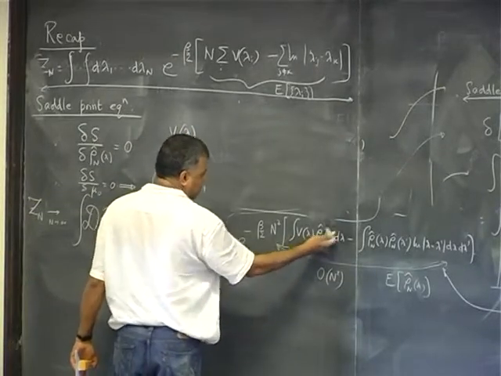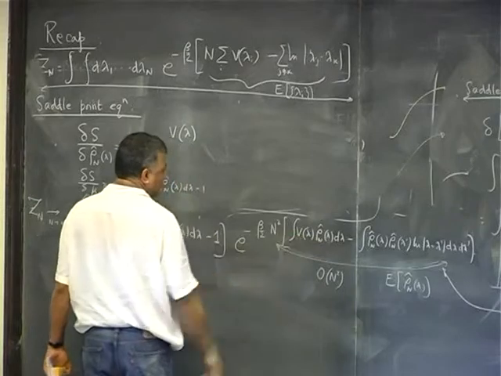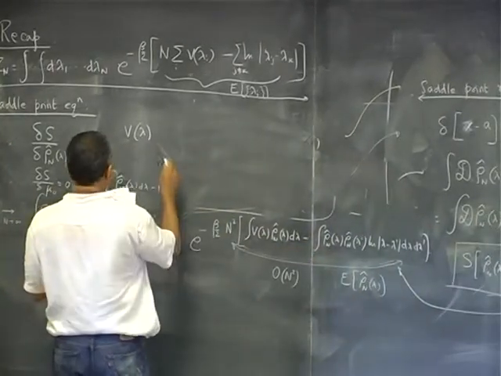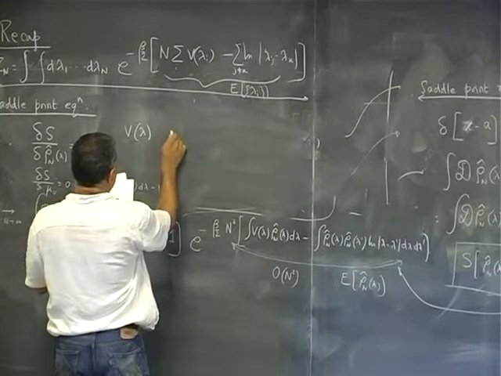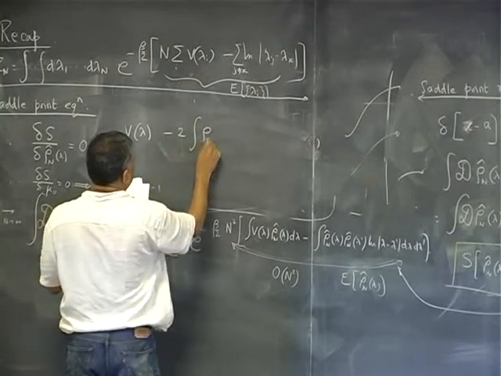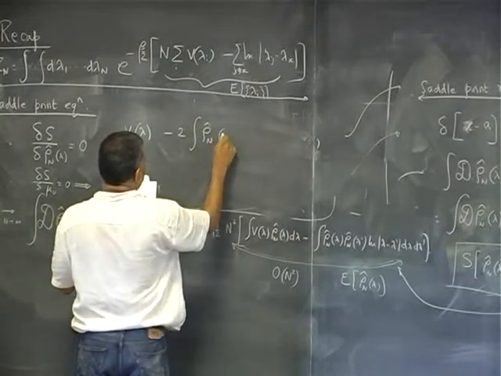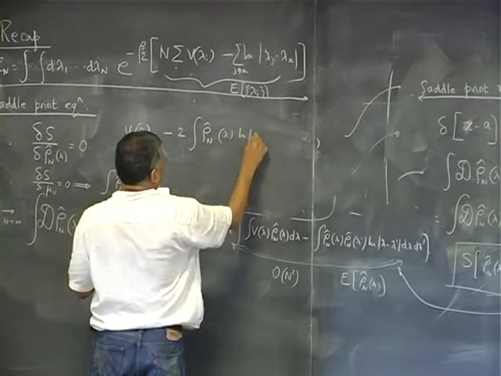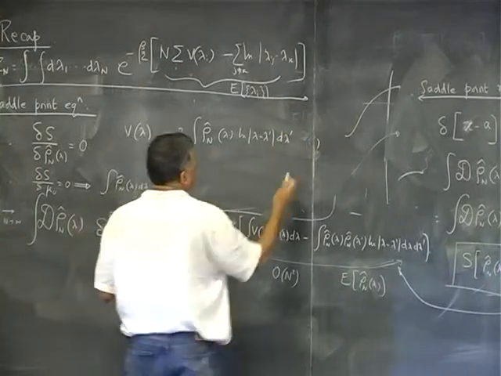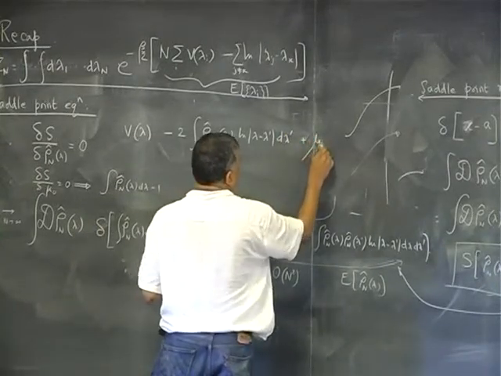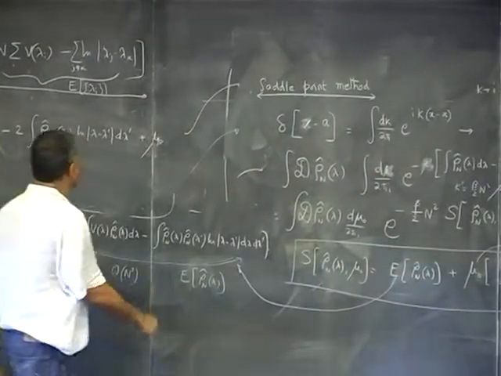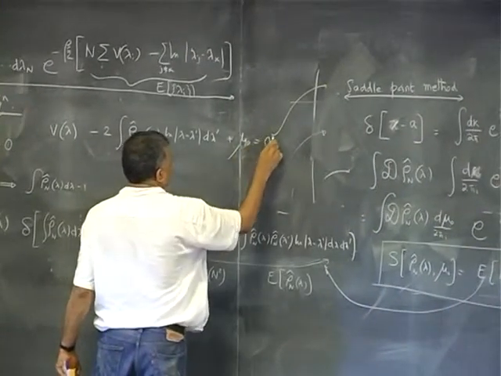I'm taking the functional derivative with respect to rho n lambda, so it picks up at lambda the value of the potential V of lambda. And here you can check that this will be just minus 2 times the integral of rho n at lambda prime, log of the absolute difference, plus mu naught. Plus mu naught comes from this term here. When I do the functional derivative with respect to this, I get mu naught. So this should be equal to 0.